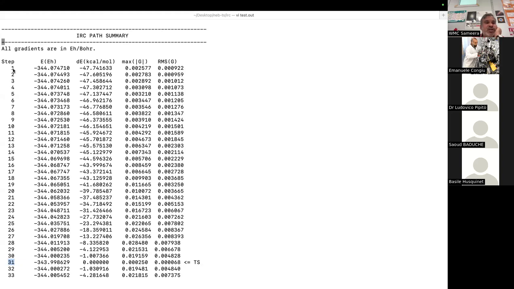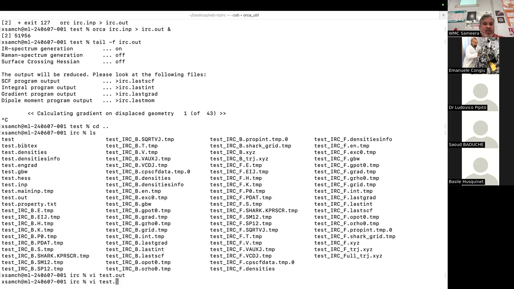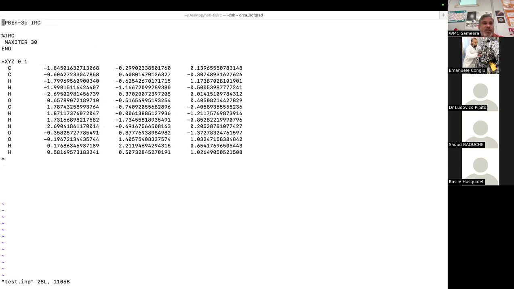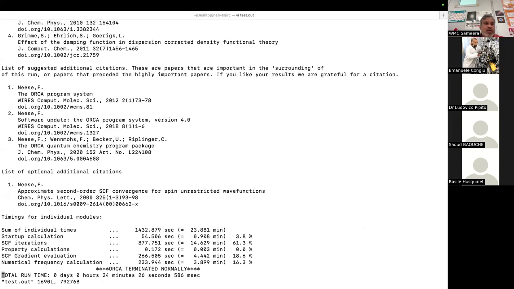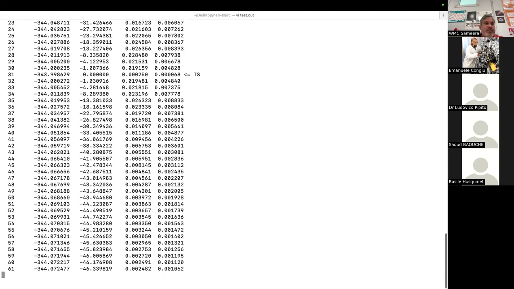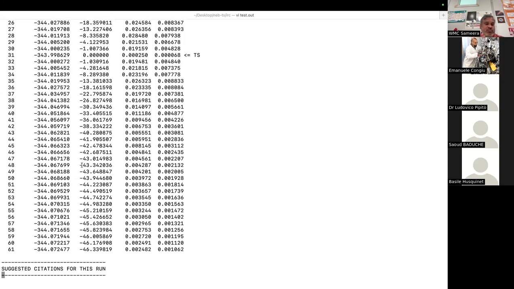It follows 30 steps, because in the input file, if you remember, we ask computation to follow 30 steps here. So you can increase this number. If you increase this number, it will work further. Okay. And for the product side, it went for 30 steps.